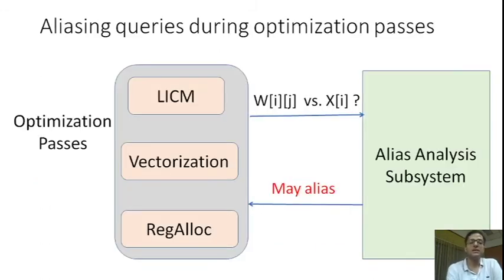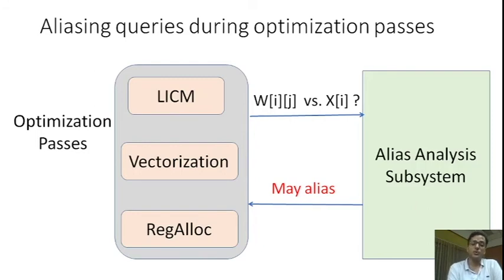A typical compiler is organized as a series of optimization passes. And an optimization pass may require queries like, does w[i][j] alias with x[i] or not? Compilers also typically involve an alias analysis subsystem that responds to such queries. One of the possible responses from the alias analysis subsystem could be may alias, which means w[i][j] may alias with x[i].